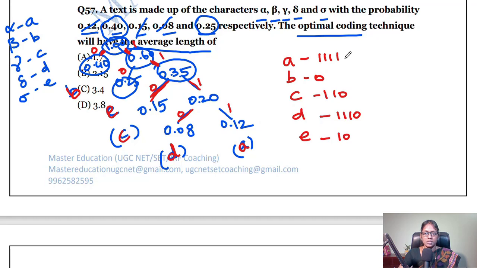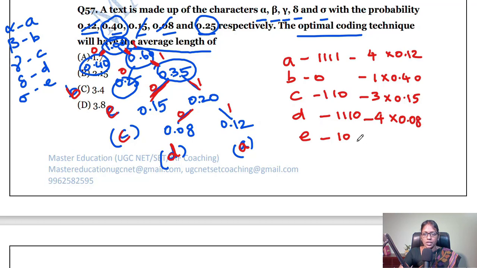Now multiply the number of bits by the probabilities. A has 4 bits, so 4 times 0.12. B has 1 bit, so 1 times 0.40. C has 3 bits, so 3 times 0.15. D has 4 bits, so 4 times 0.08. E has 2 bits, so 2 times 0.25.